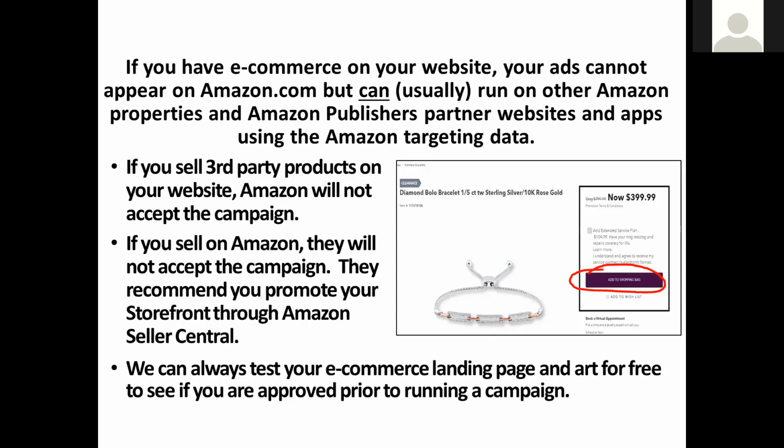So they recommend that you promote your storefront through Amazon Seller Central. However, we can always test your e-commerce landing page and the artwork for free to see if you're approved prior to running any campaign. We're not going to just take a chance on it. We're going to test it ahead of time.